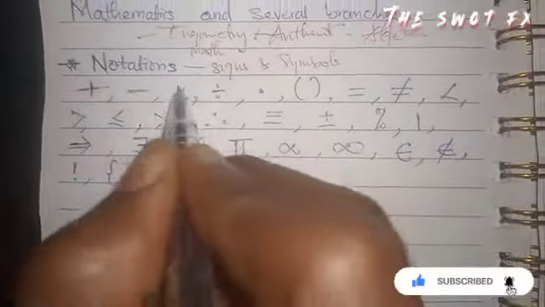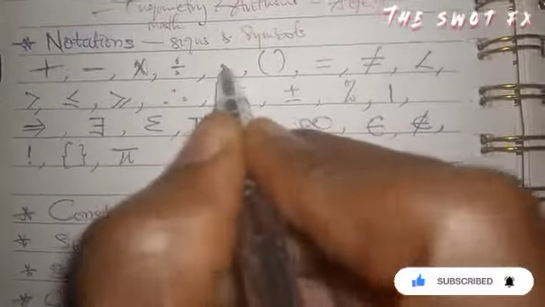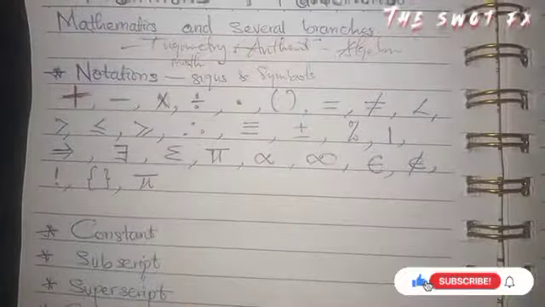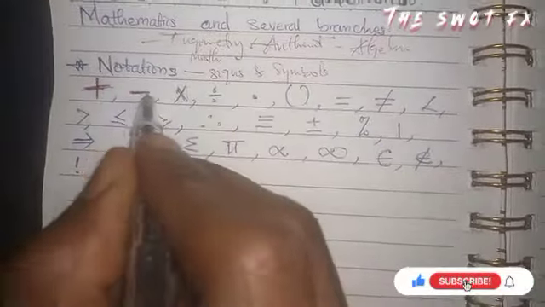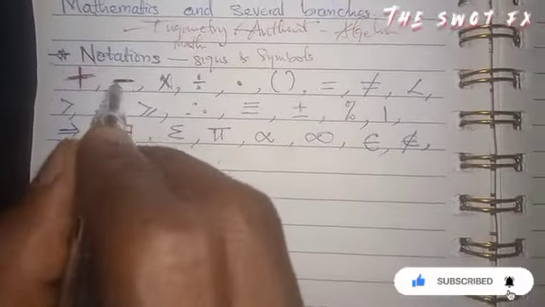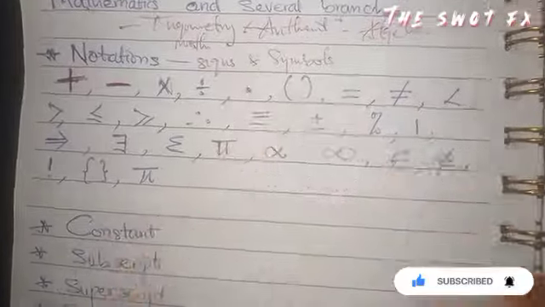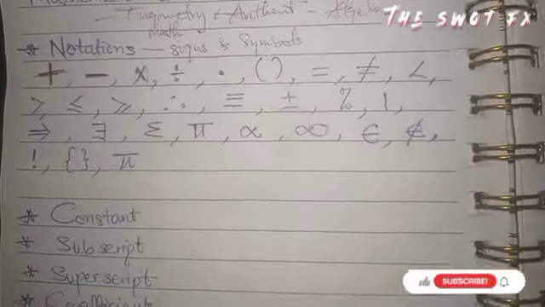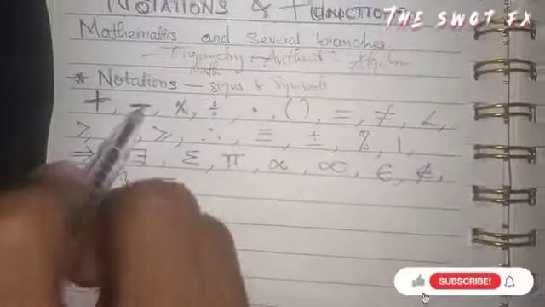This is notation. Any sign, plus, minus, times, divide, they all have a function. The function of this plus sign is to add two variables together. Take note, the function of this minus sign is subtraction, to subtract two variables from each other.